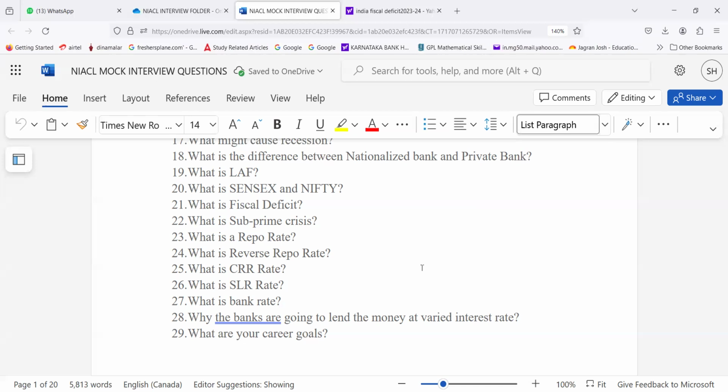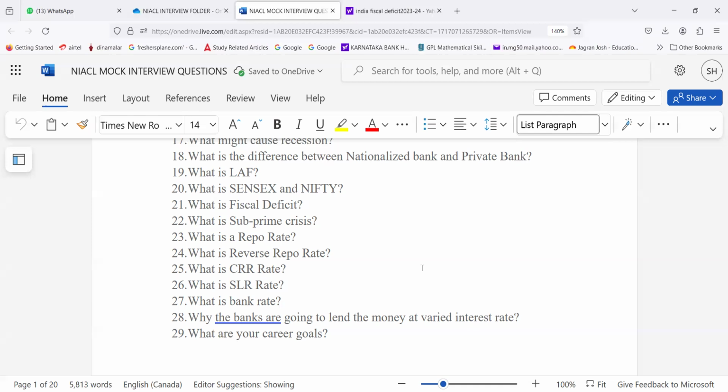There is one more rate known as marginal standing facility rate, and that rate is now 6.75%. What is that rate? See, repo rate is for short term, bank rate is for long term. When banks want some money for emergency requirement for one day, or if they take it on Friday, probably for 2 or 3 days, such rate, they have to give security of government securities and borrow, and that rate today is 6.75%.